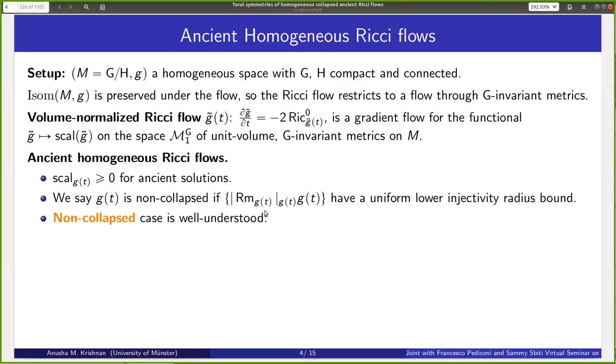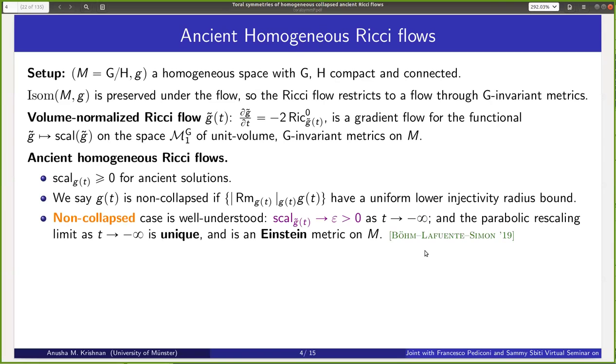Okay, so the non-collapsed case for ancient homogeneous Ricci flows is quite well understood. We know firstly that the scalar curvature goes to some positive number as you go back to minus infinity.